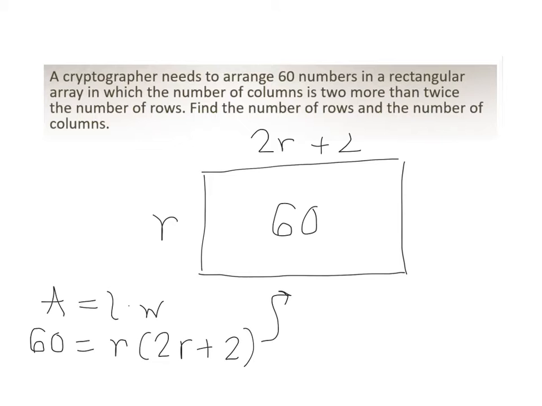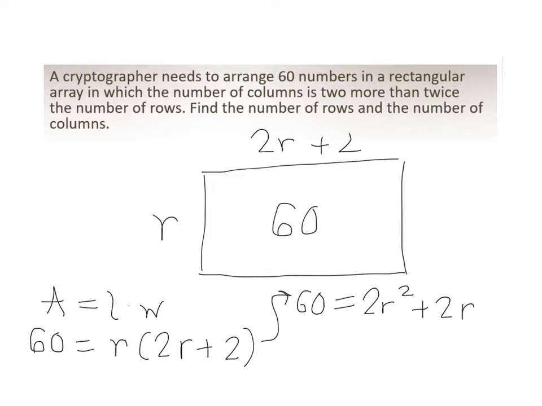So, to do so, we of course are going to distribute the R to both of the things in the binomial. So R times 2R is 2R squared, and R times 2 is 2R. So we can see we've got a quadratic equation because it's got an R to the second power.